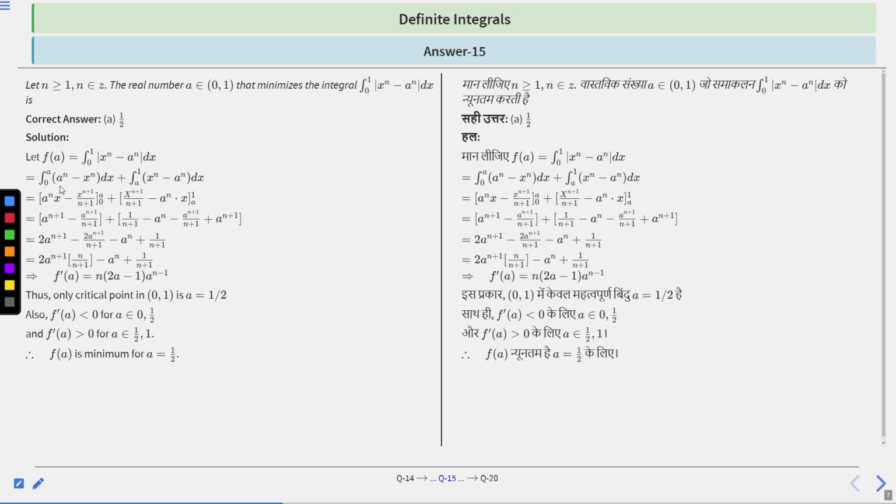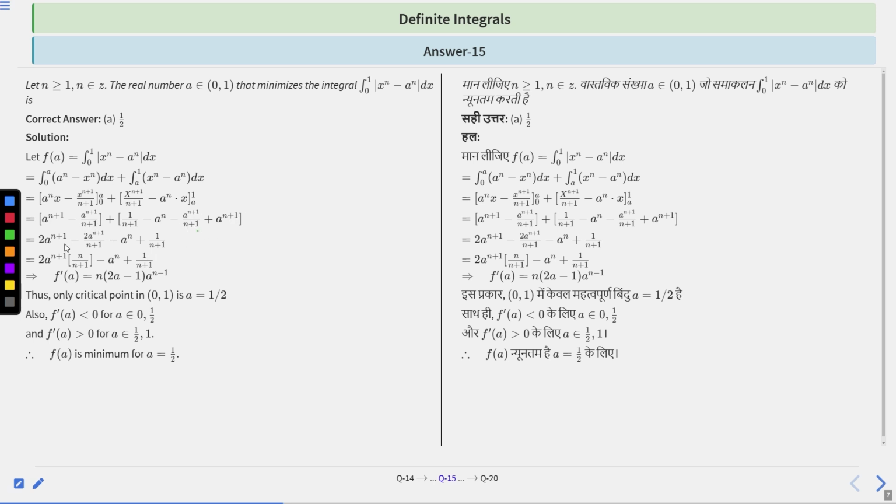Therefore, after integrating, you will get [a^n x − x^(n+1)/(n+1)] from 0 to a, plus [x^(n+1)/(n+1) − a^n x] from a to 1, right? After putting the limits in these two integrals, you will get a^(n+1) − a^(n+1)/(n+1) plus 1/(n+1) − a^n − a^(n+1)/(n+1) + a^(n+1).